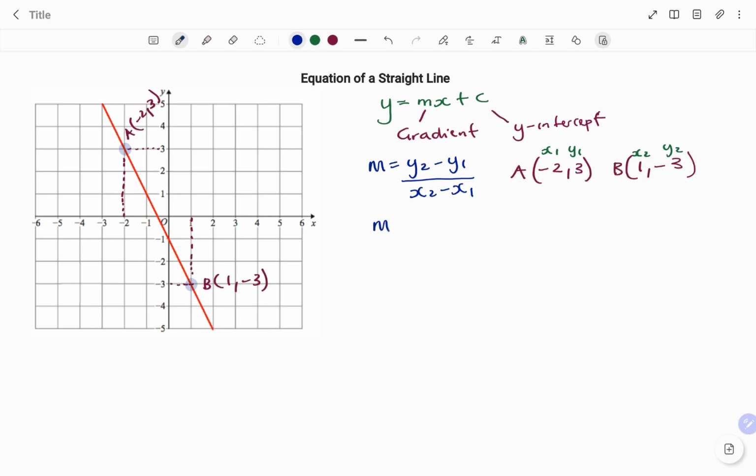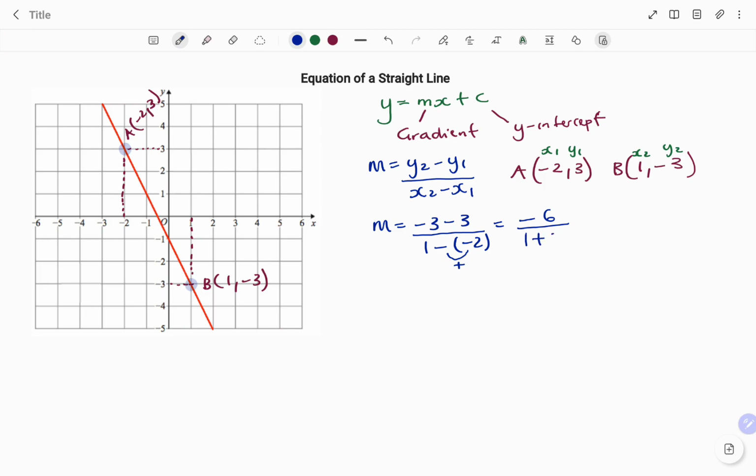So therefore my m, slotting in the parameters, I have y2 to be -3 minus y1, that's 3, divided by x2, which is 1, minus x1, which is -2, so I'm going to put that in a bracket. That will be -3 minus 3, that's -6, divided by, I'm going to open the bracket first. If I multiply this together, negative times negative will give me positive.